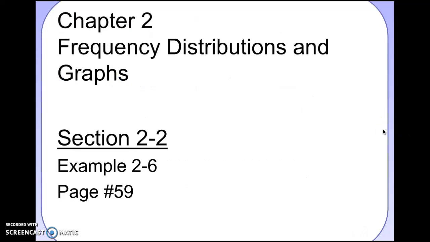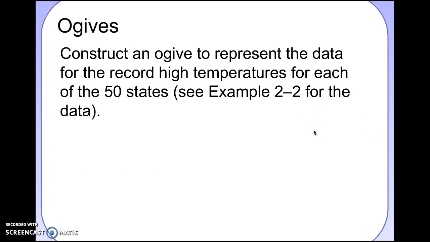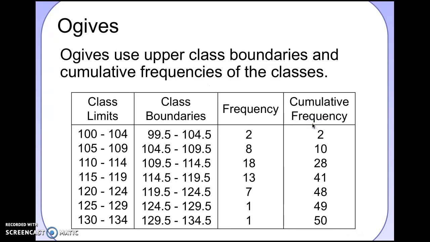Turn to page 58 in your book, or excuse me, 59. And it actually will continue on to the next page, 60. Construct an ogive to represent the data for the record high temperatures for each of the 50 states.